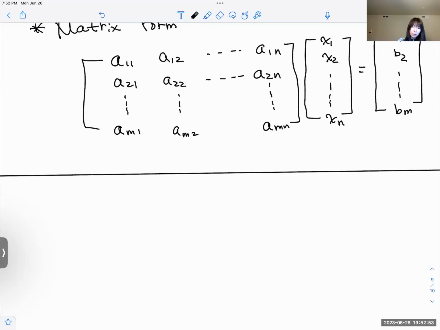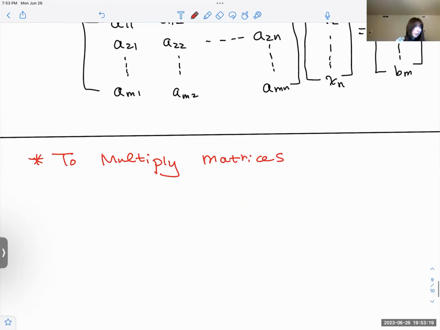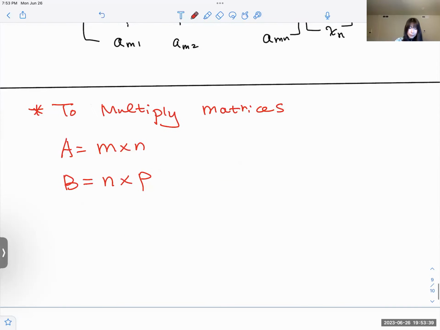So when we multiply matrices, we have to have a match inside the size, meaning that we have A equal to m by n, B equal to n by p. We want to multiply, right?